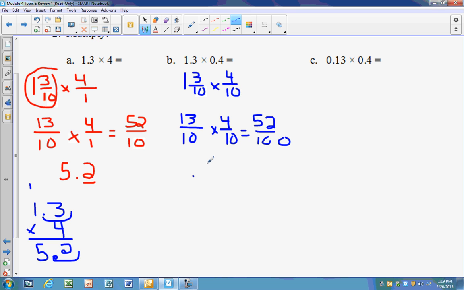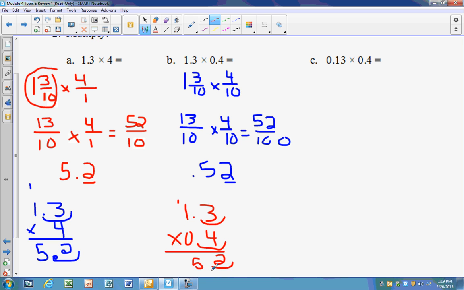I can then write it as a decimal because this is the hundredths place, that says 52/100ths, or I could rewrite it and solve it as a decimal problem. And I know that I made 2 jumps, so I have to jump 1 2 times, and that's 52/100ths.